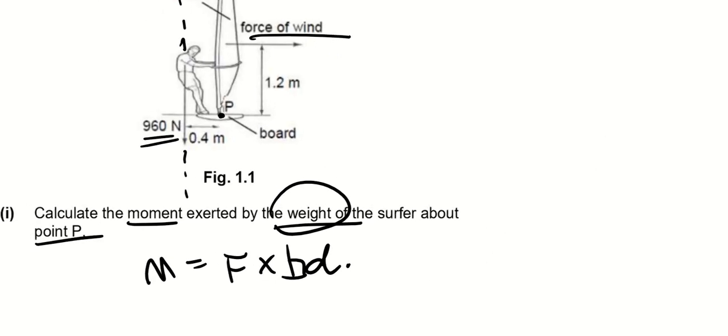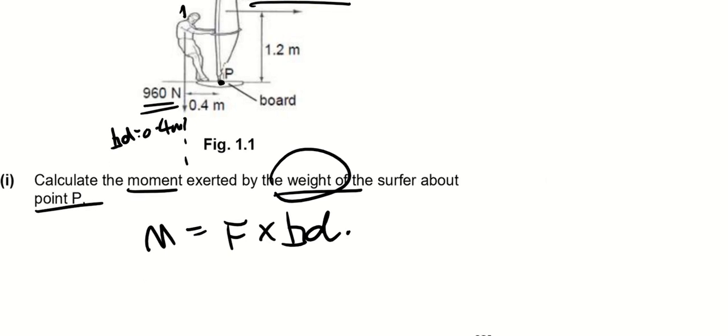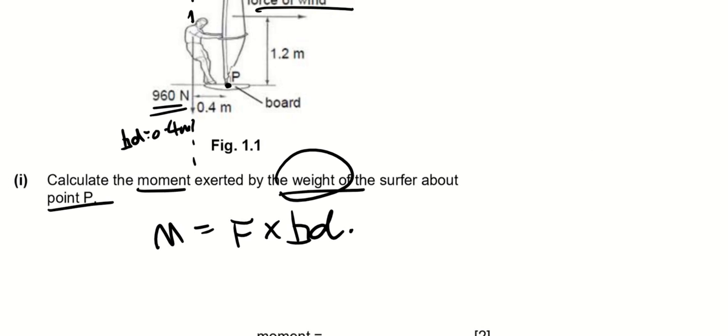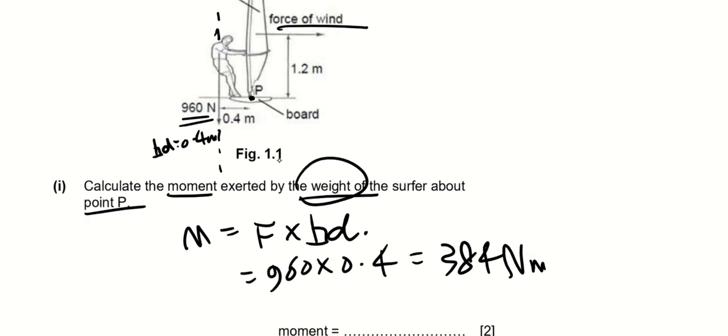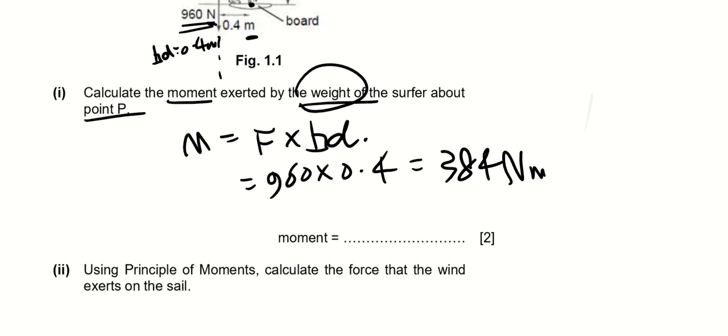So actually the perpendicular distance for the weight is 0.4 meters. Remember, finding the perpendicular distance is often what students find difficult. So please practice. So 960 times 0.4, so answer will be 384 Newton meter, because the unit for force is Newton, the distance is in meters.